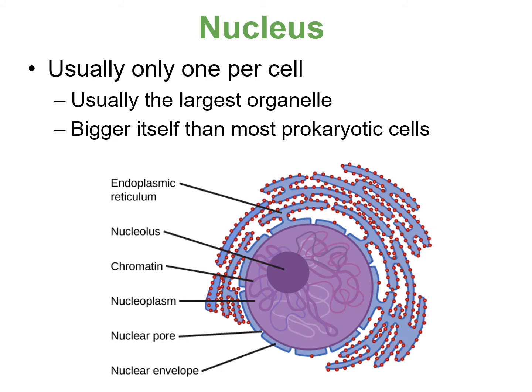Someplace near the center of the cell, you're going to have what is referred to as the nucleus. The nucleus is the organelle that is responsible for protection of the DNA, protection of your chromosomes. Generally, there's only going to be one per cell. There are some special cell types out there in the animal kingdom and the fungi that have multiple nuclei. For us, that's not going to happen.